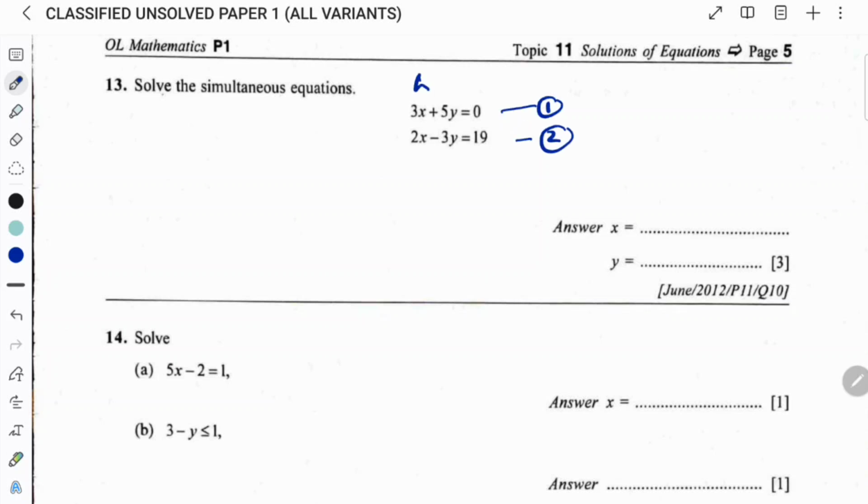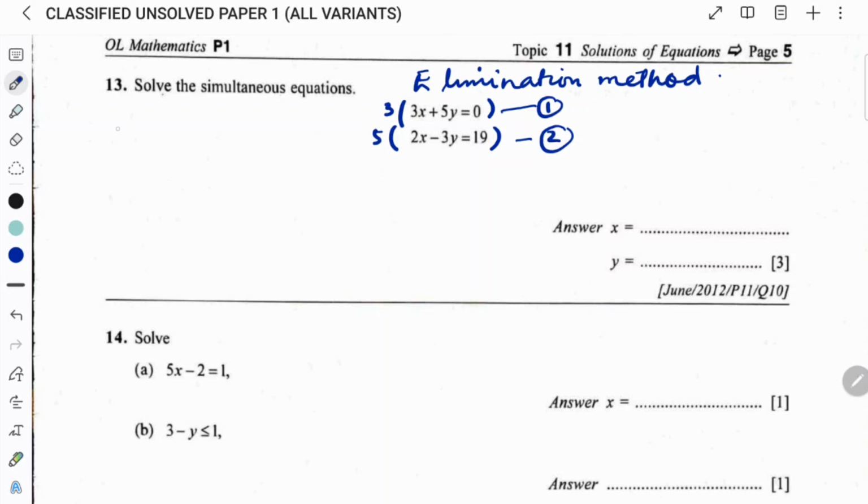Let's decide which variable to eliminate. I feel we can eliminate y because it has opposite signs and the numbers 5 and 3 are easy to multiply. So multiply equation 1 by 3 and equation 2 by 5.